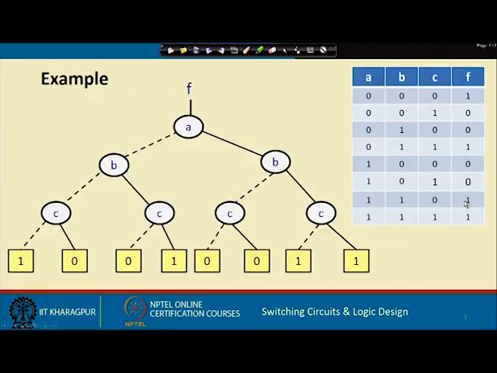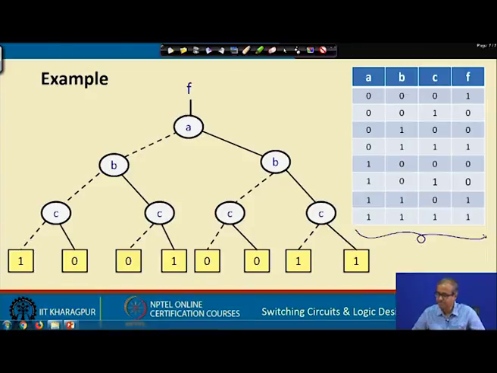Let us now look at how a binary decision diagram looks. Here we consider a 3 variable function represented by a truth table like this. These are the outputs 1 0 0 1 0 0 1 1, and A, B, C are the 3 variables.